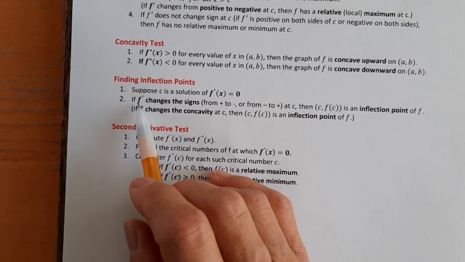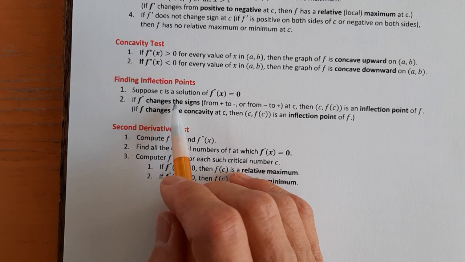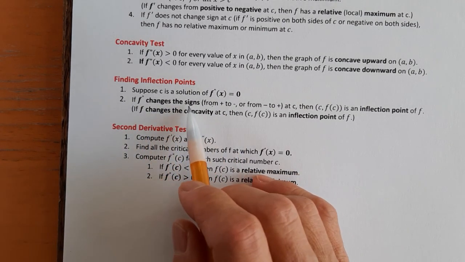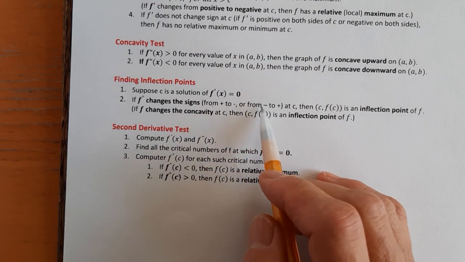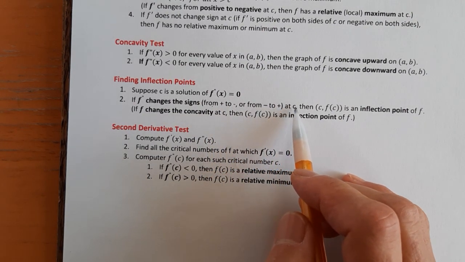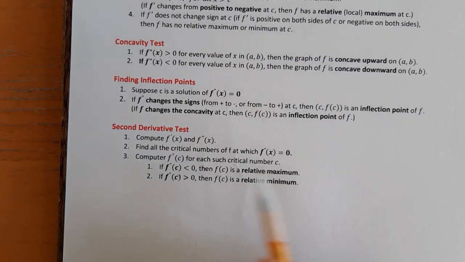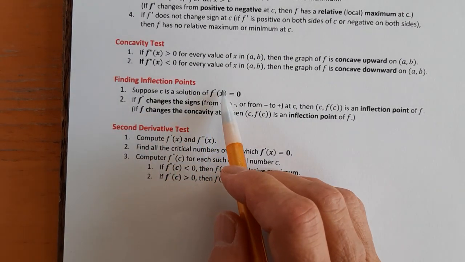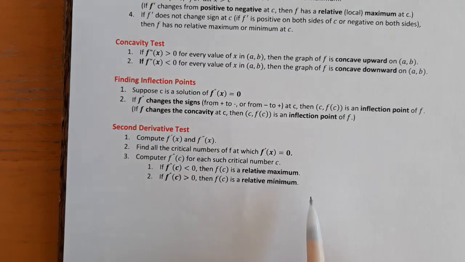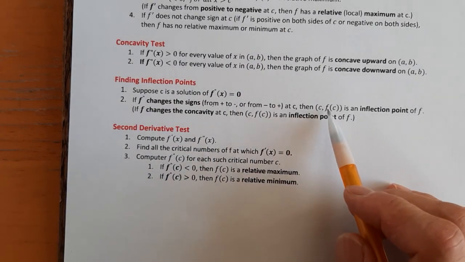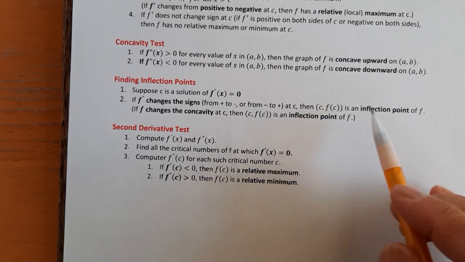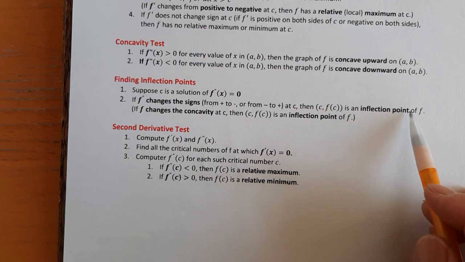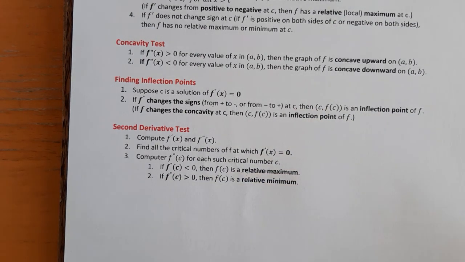Now, if f double prime changes sign from positive to negative or from negative to positive at c, where c is the solution of f double prime of x equals 0, then at c, the point (c, f of c) is an inflection point of f.